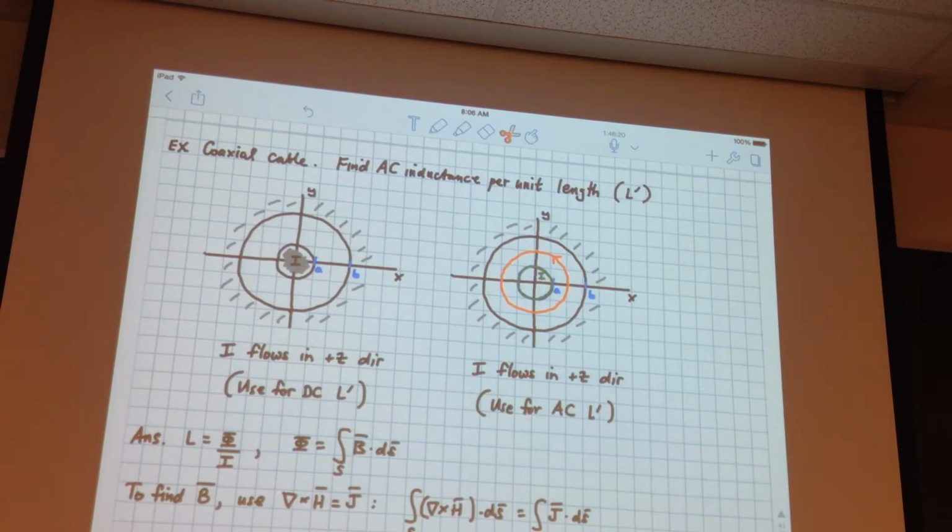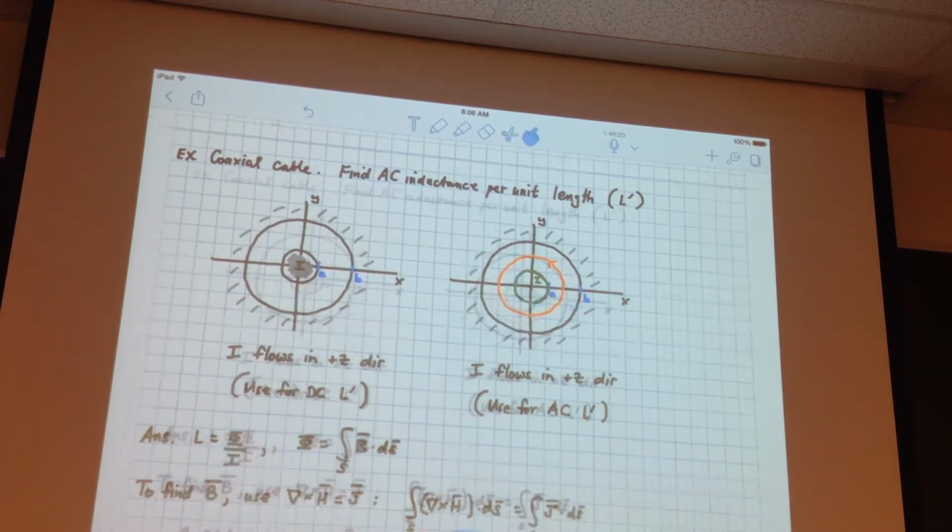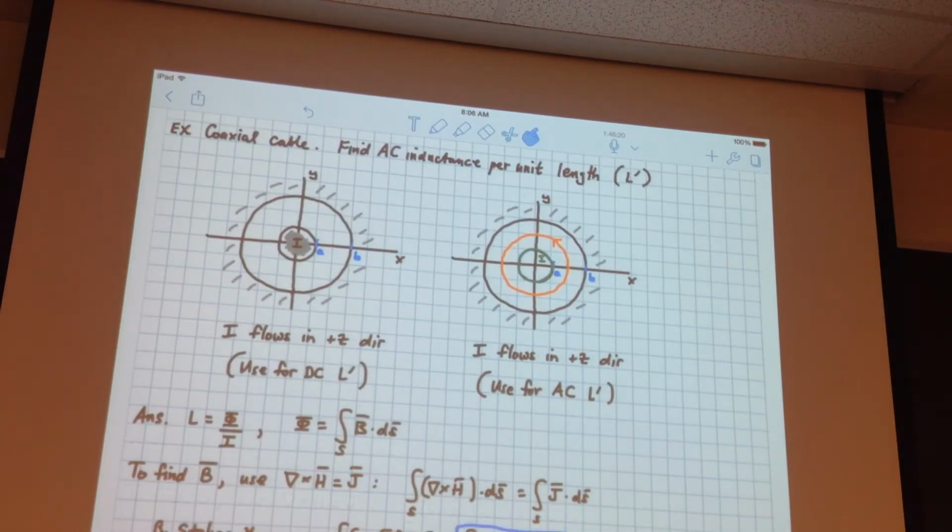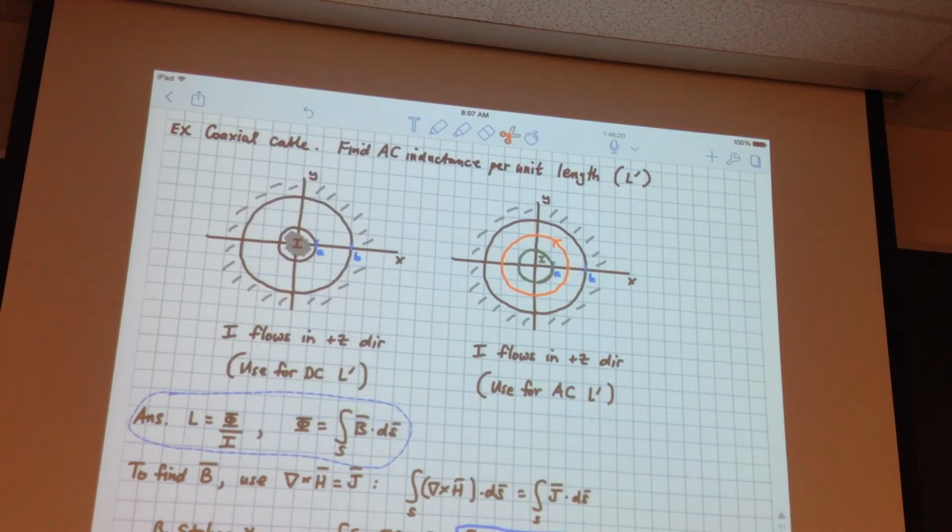To find the inductance per unit length of this coaxial cable, we will use this right figure and apply these two equations. The inductance is the magnetic flux normalized by the current, where the flux is the integral over a surface of B dot dS. The first step is to find the magnetic field inside your coaxial cable.